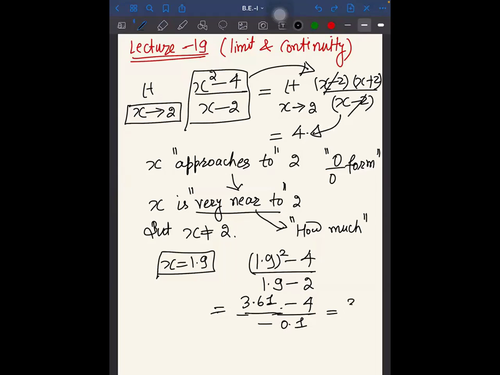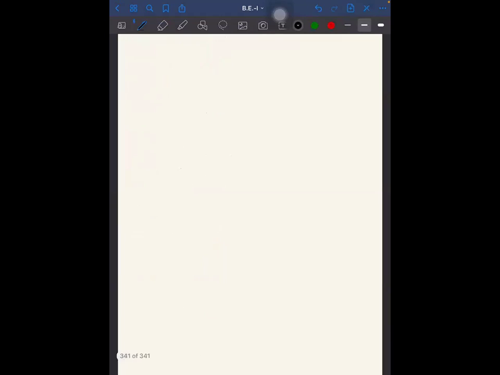We'll have 3.9 over here. So if you take 1.999, it becomes 3.999, right? Similarly, if you put X to be 2.1, your function at 2.1 will give you the value 4.1.